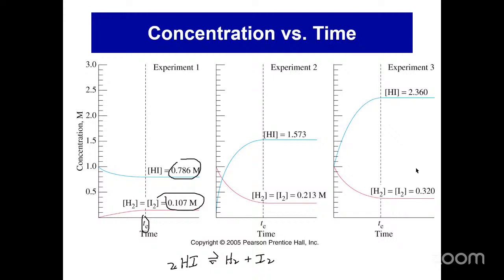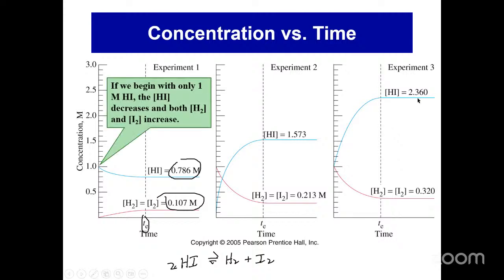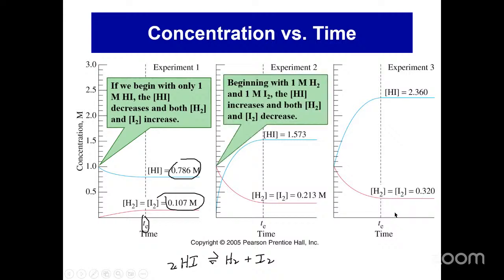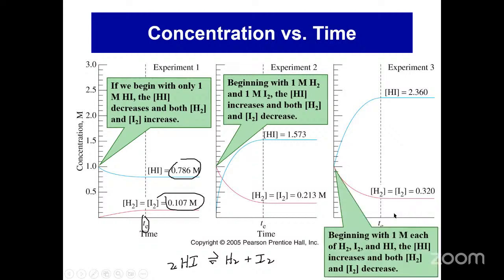So when you have that mixture, the reaction favors the formation of hydrogen iodide, and therefore the concentrations of H2 and I2 decrease, as shown by this line right here, and then flatten out again at equilibrium. The concentrations at equilibrium are given here: for HI, 2.360 m, and for H2 and I2, 0.320 m. That's what happens in the third experiment.